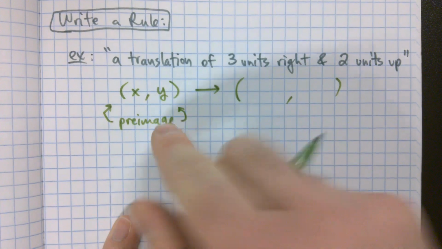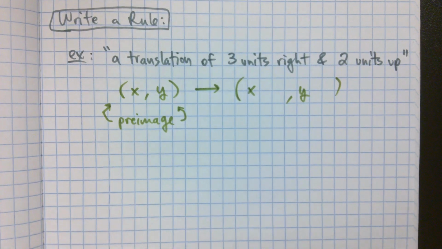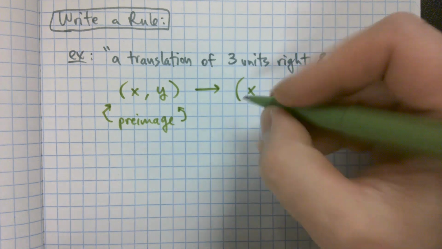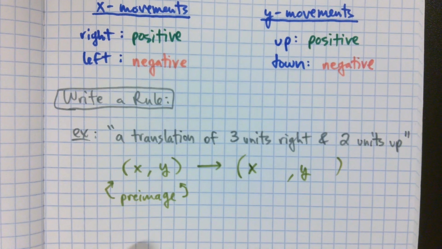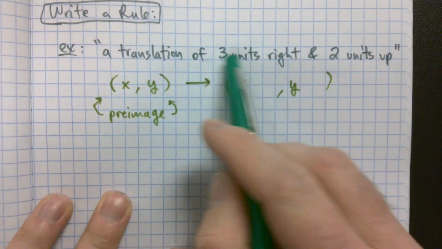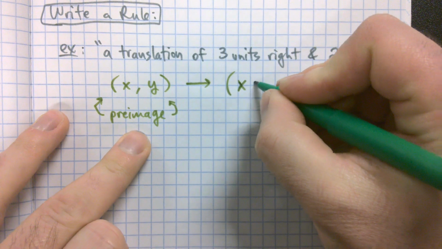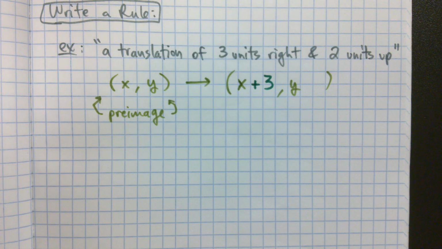So I'm changing my x coordinate and my y coordinate. If I'm going 3 units to the right, what type of movement did we just say going to the right was? Positive. So we're going to do x plus 3.